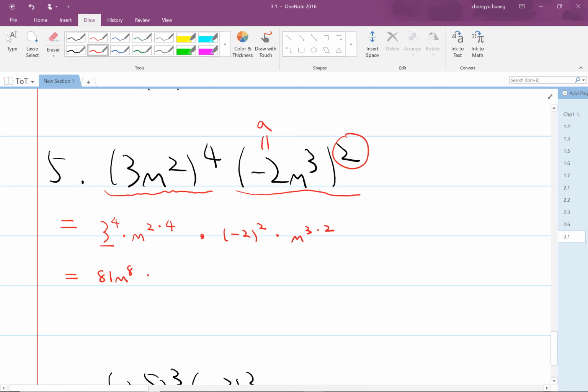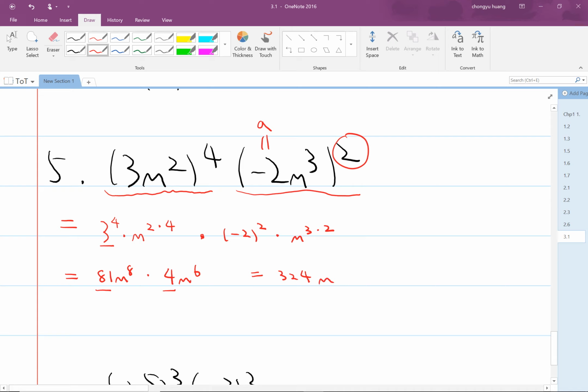Negative 2 squared is 4, and 3 multiplied by 2 is 6. Now we multiply things all together. 81 multiplied by 4 is 324.